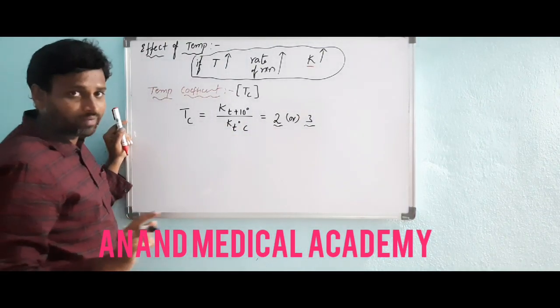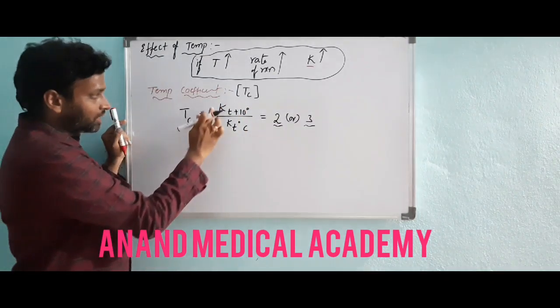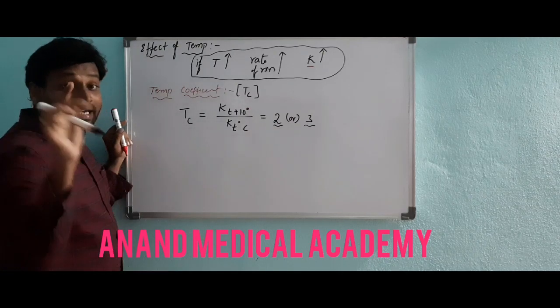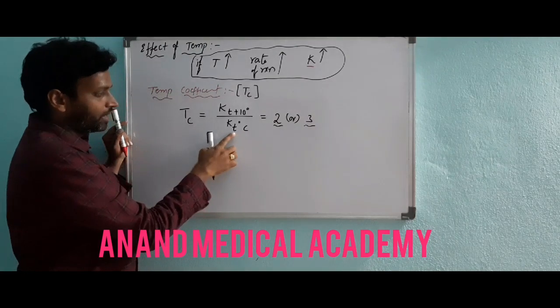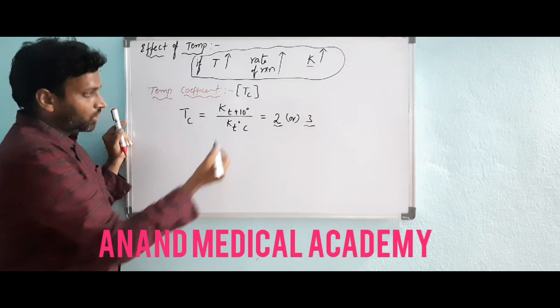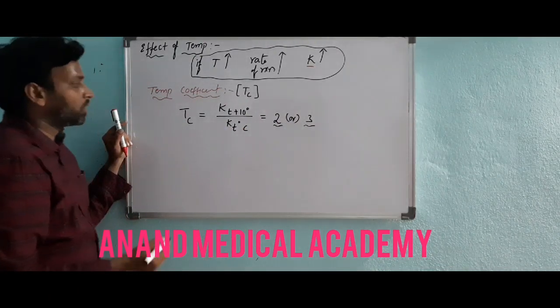If temperature coefficient 2 is given, you have to take 2. These are the rate constants or specific rates which exactly differed by 10 degrees Celsius. Got it? Suppose if T is 30 degrees, it will be at 40 degrees. So K at 40 degrees Celsius by K at 30 degrees Celsius is equal to 2 or 3.